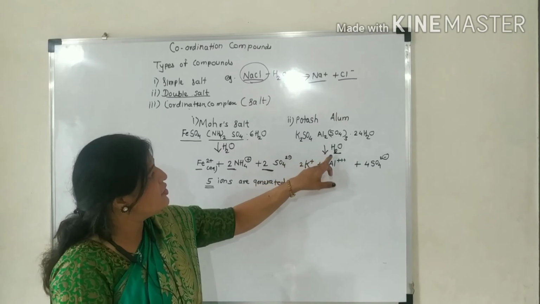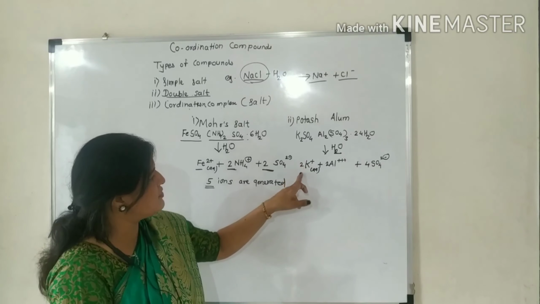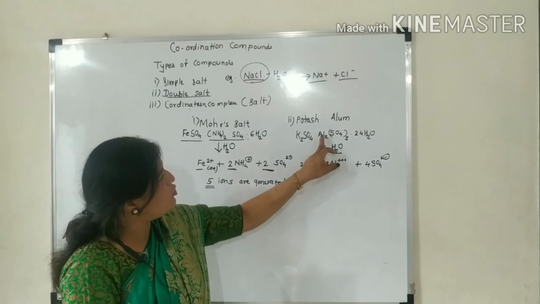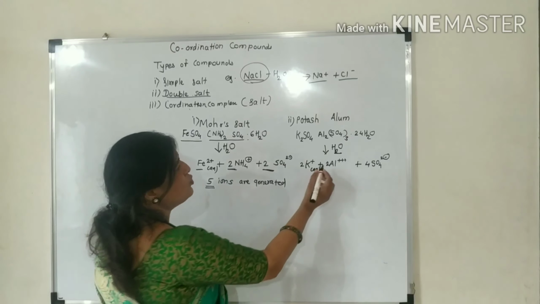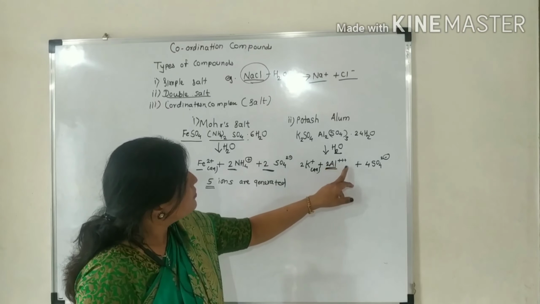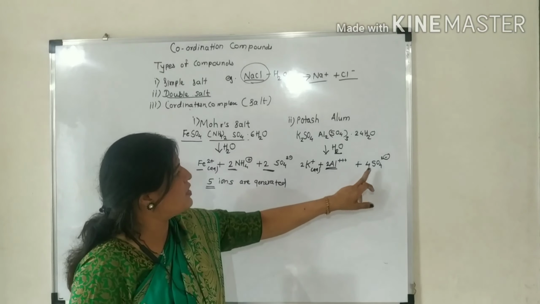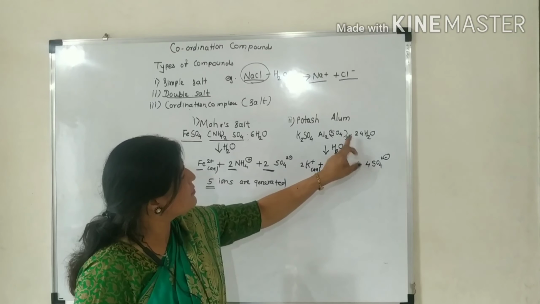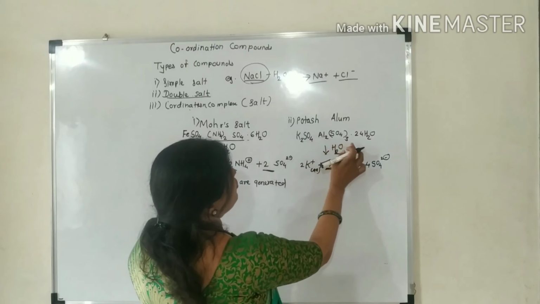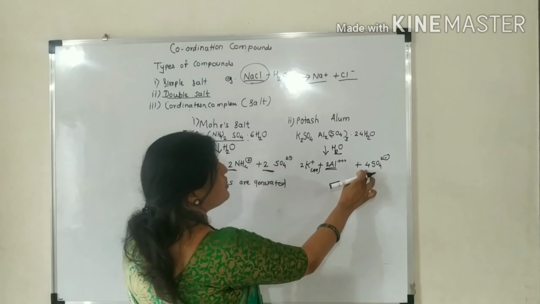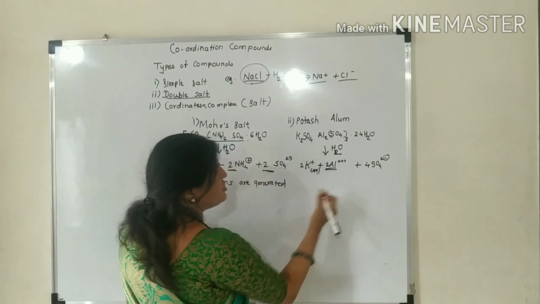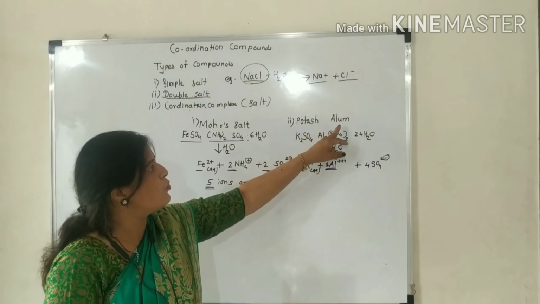When this salt is dissolved in water, you will get these ions: 2 potassium ions, 2 aluminium ions, aluminium having a plus 3 charge, therefore twice Al plus 3, and then 4 SO4 2 minus ions. Here also different ions are generated in the case of potash alum.